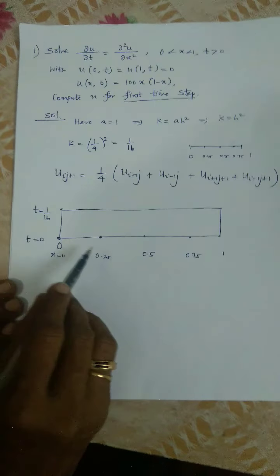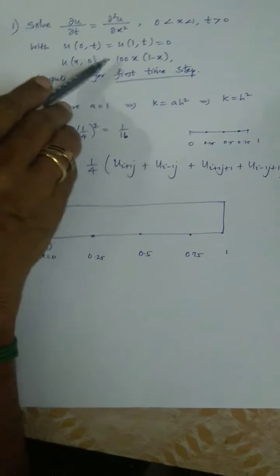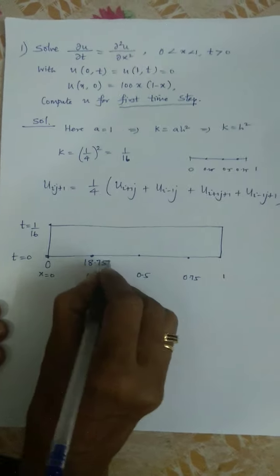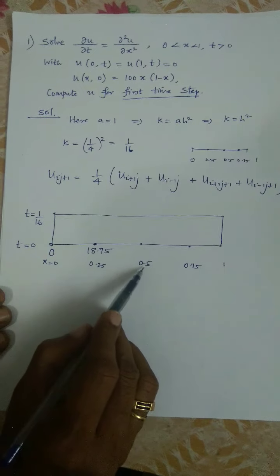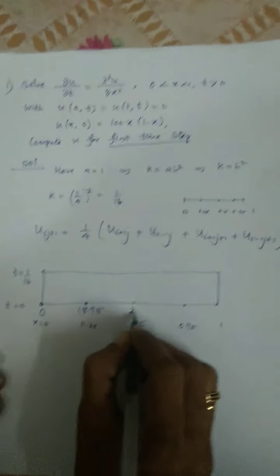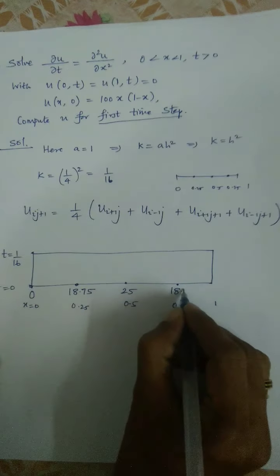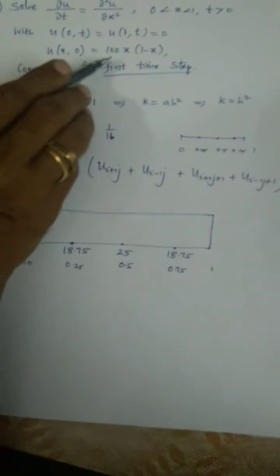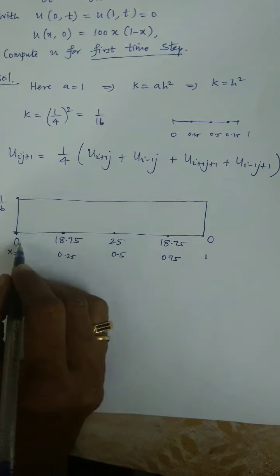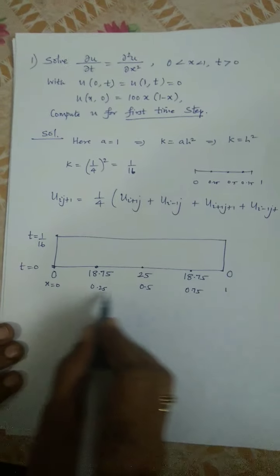Similarly, x equal to 1 by 4 gives a numerical value of 18.75. Next, x equal to 1 by 2 gives the value 25. Similarly, for 0.75 you get 18.75. And at the other extreme, x equal to 1, the numerical value is 0. Our focus is only on the numerical data at the given time level. This is only an x value for your reference.